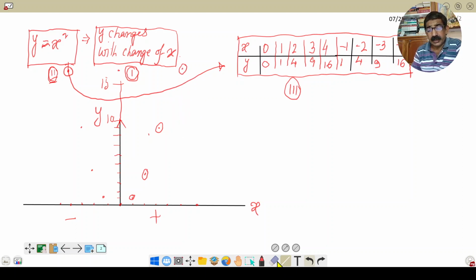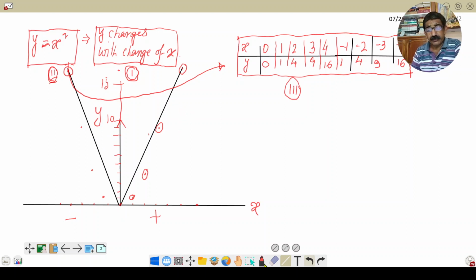we draw a line connecting all the points like this. Then this will be this graph.